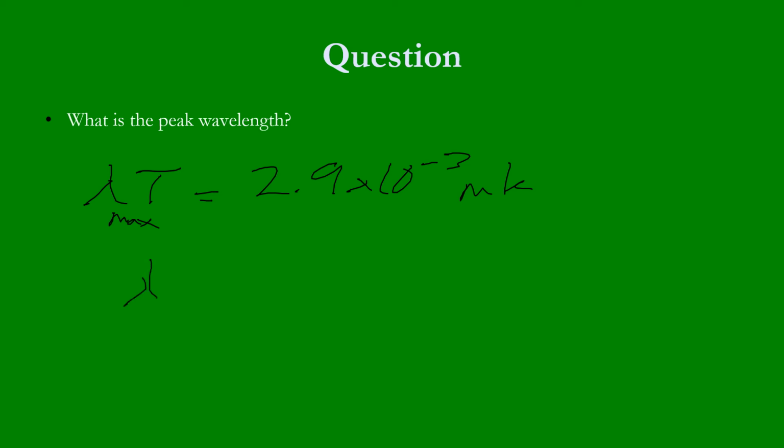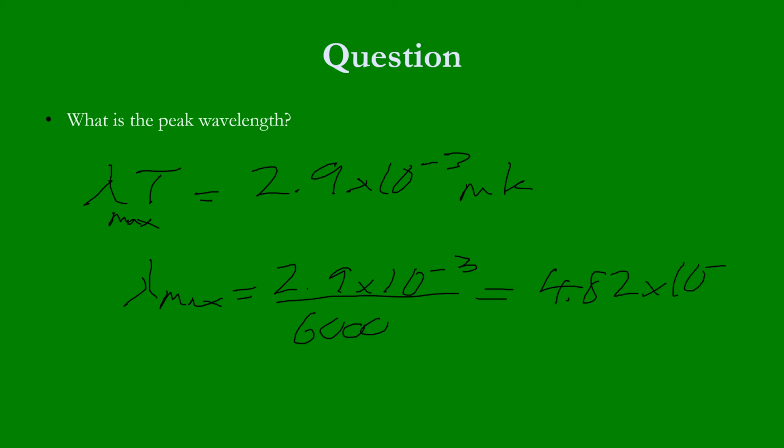So lambda max is 2.9 times 10 to the minus 3 divided by the temperature of the sun, which is 6,000 Kelvin. That was given to you in the question, and we get 4.82 times 10 to the minus 7 meters.